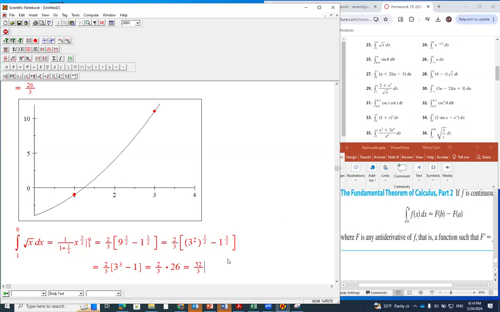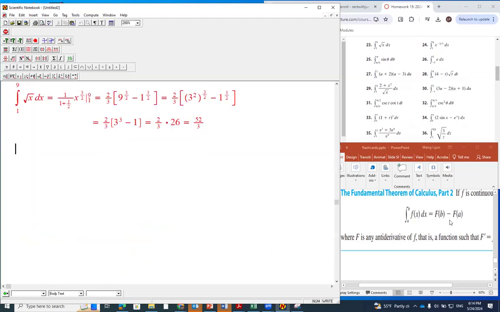Let's look at the next one. What do we do with it? We have a product form, but there's no product rule for integration. There's no product rule, nor quotient rule for integration.